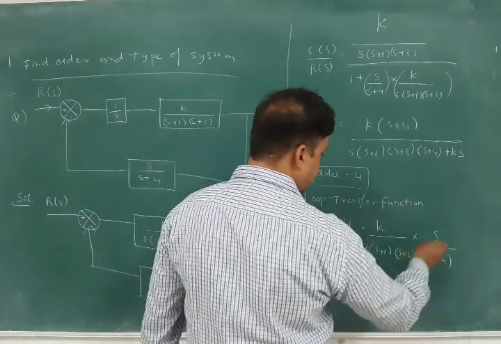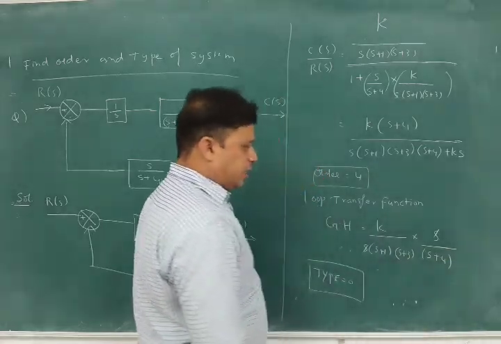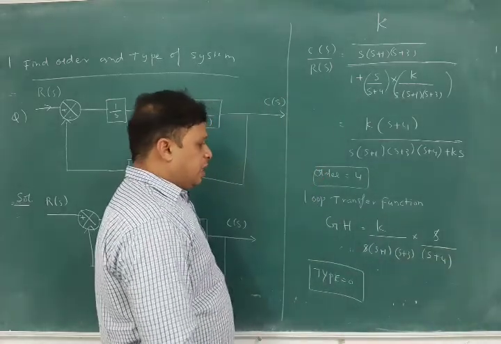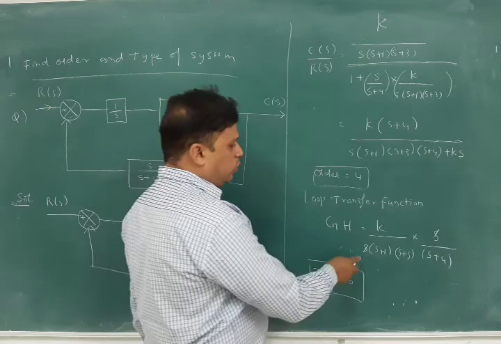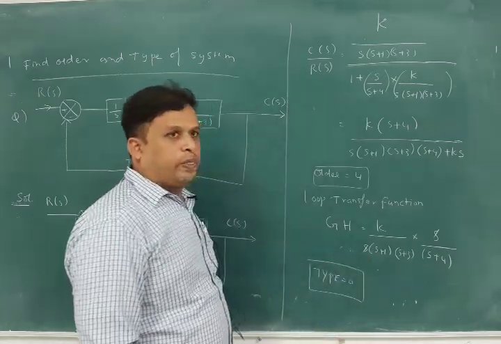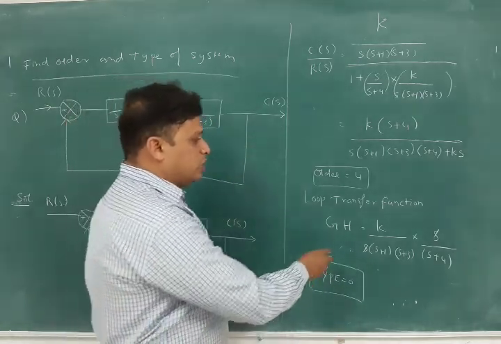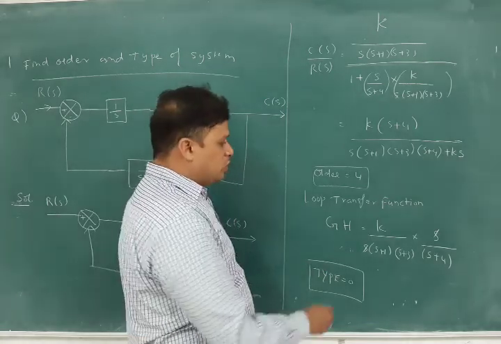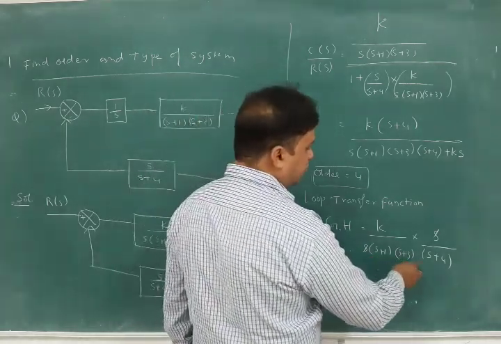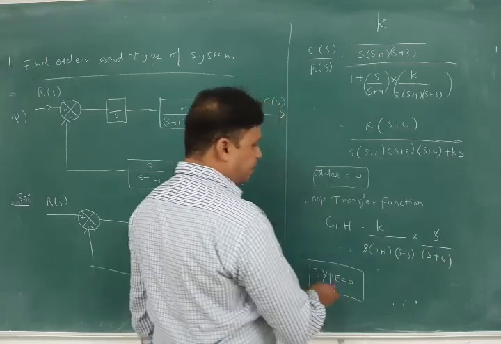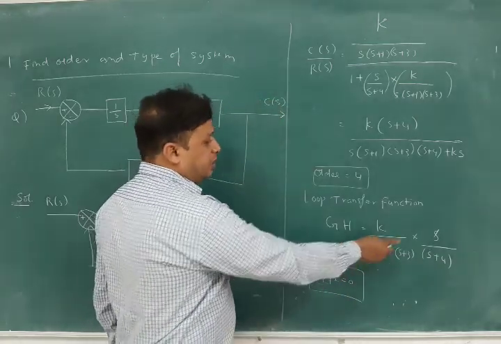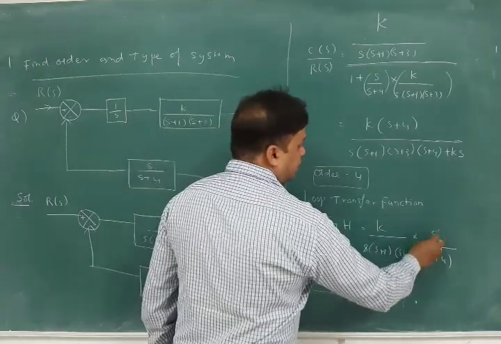Because s and s get cancelled here, and the type is 0 because we don't have any pole at the origin. All the poles are at s equal to minus 1, s equal to minus 3 and s equal to minus 4. So type is 0 here, as the s gets cancelled.